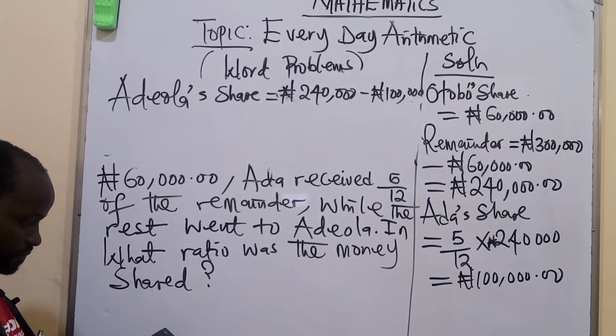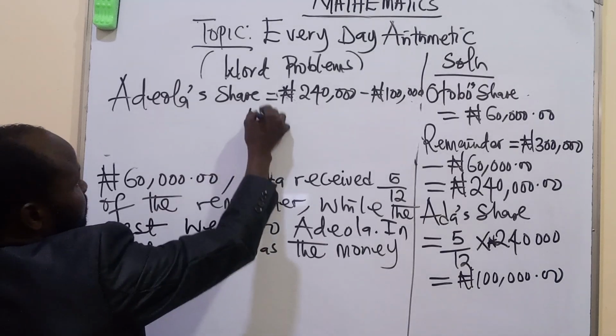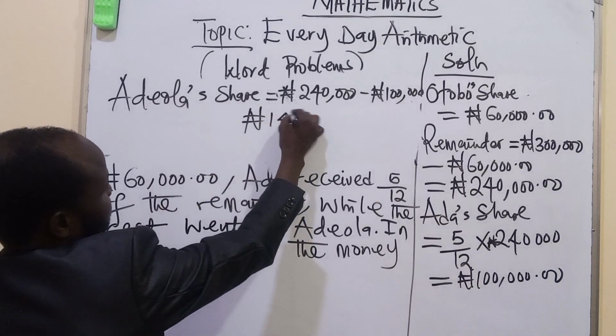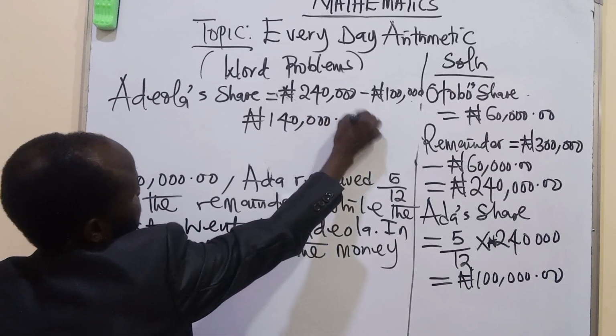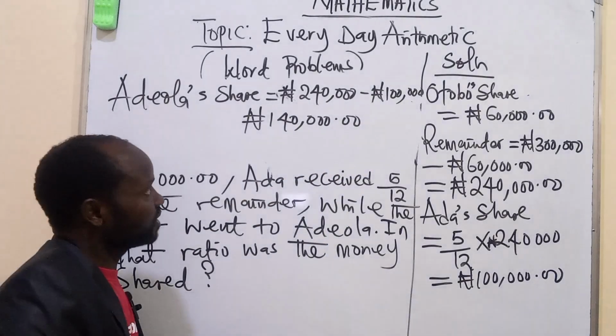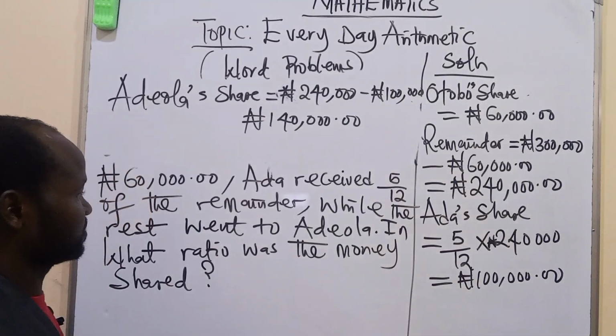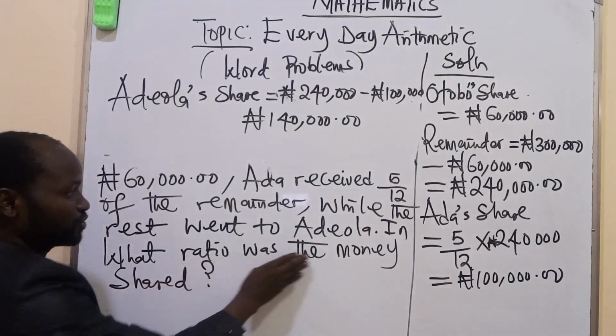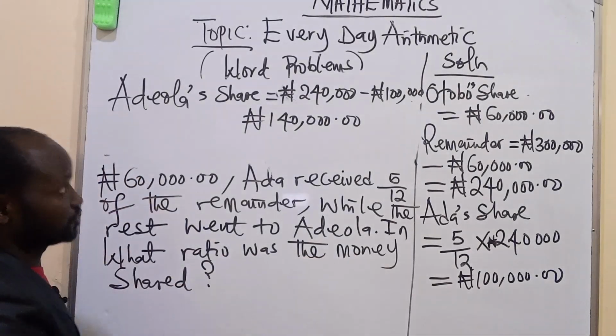That's 240,000 minus 100,000. That will be 140,000. So Adiola's share is 140,000. But the question says, in what ratio was the money shared?